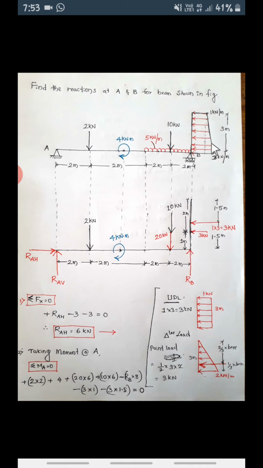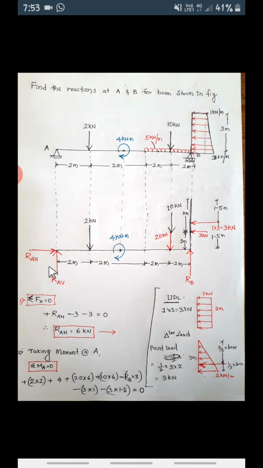Then how to convert this trapezoidal load into point load, we're going to see that. First we're going to draw the free body diagram. So this is point A and this is point B, or support A and support B. Since it is a hinged support, there will be two reactions, RAH and RAV, and this is a roller support, only one reaction, that is RB.